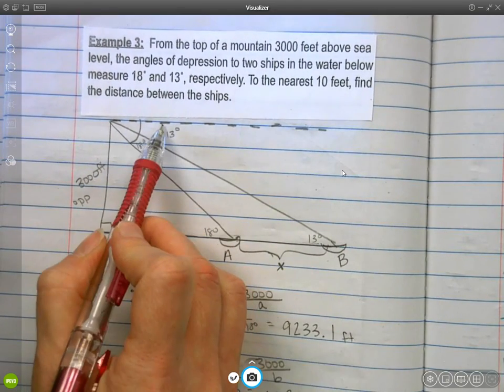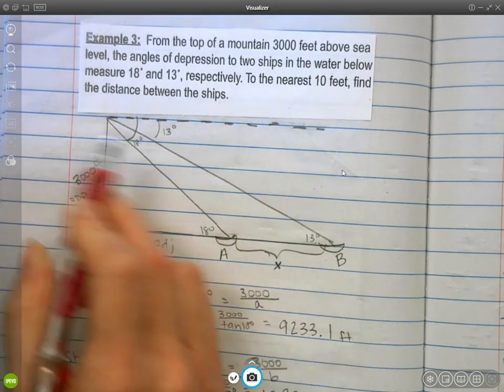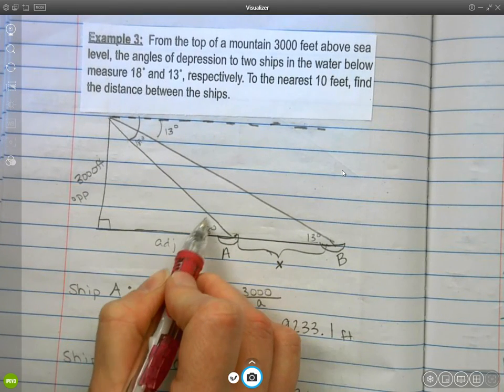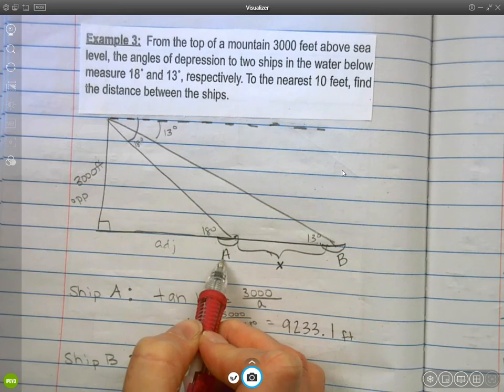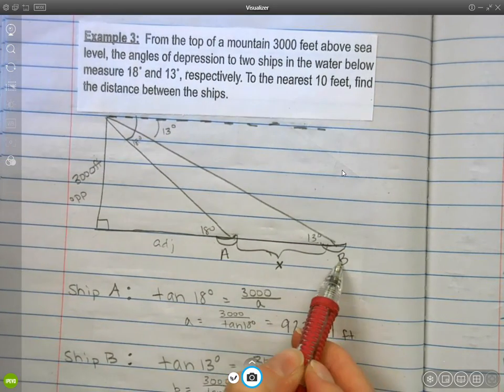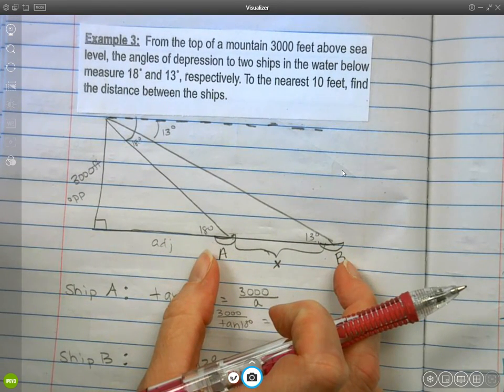So again, if this angle is 13, then this angle is 13 because of parallel lines cut by a transversal. This angle is 18, then this angle is 18. So if we use ship A and figure out how far away it is, and then figure out how far away ship B is, we can subtract to figure out how far they are from each other.